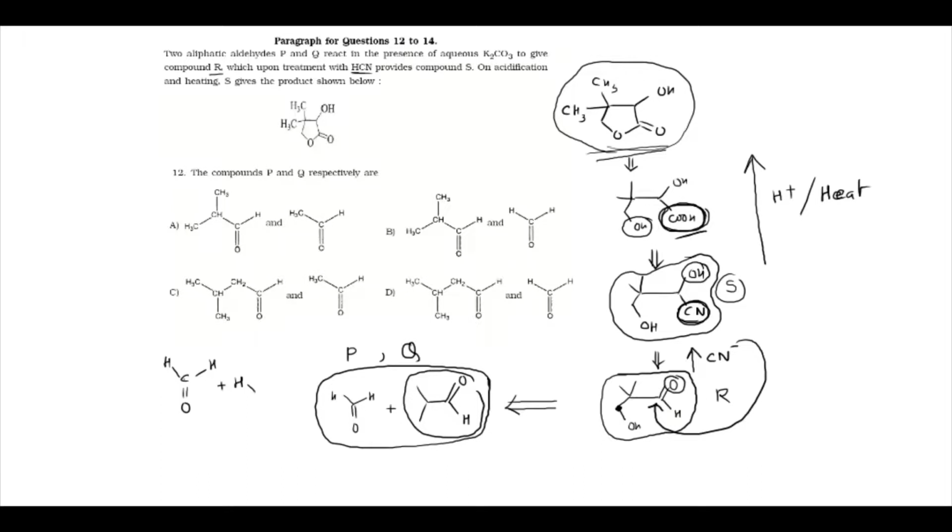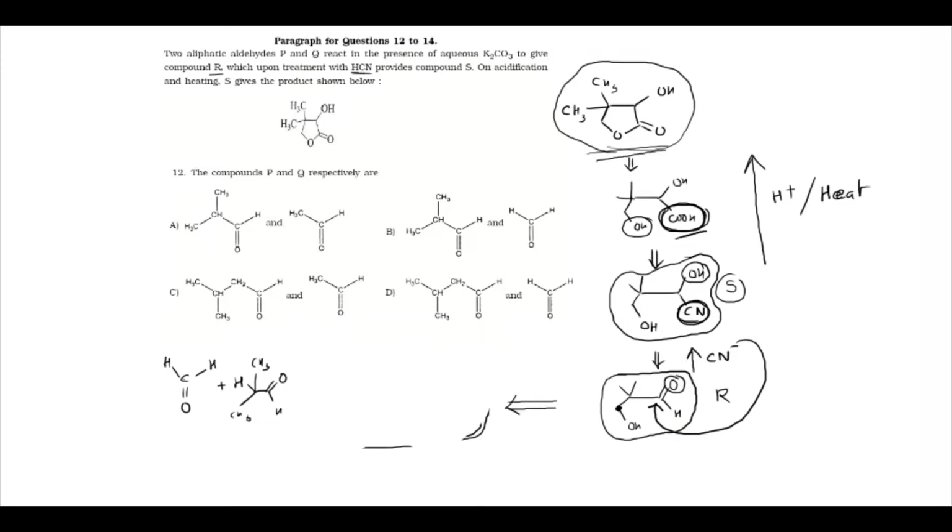So we have two CH3 groups here in this aldehyde and an H which is connected with the carbonyl carbon like this, in presence of a base. Let me erase this to make it easier to understand. In presence of a base, which could be anything, I will just write base. Here it is K2CO3.